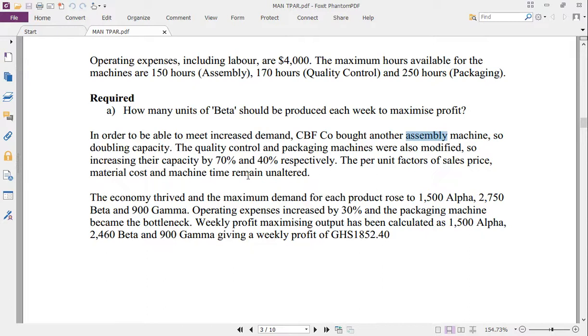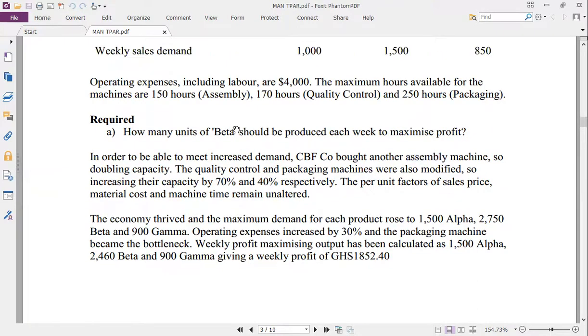These are the two factors that cause the increase in the throughput accounting ratio. When they acquired the new assemble machine, it moved the bottleneck resource, or the limiting factor, from assemble to the packaging. Again, the packaging and quality control machines were also modified. So basically that is it.